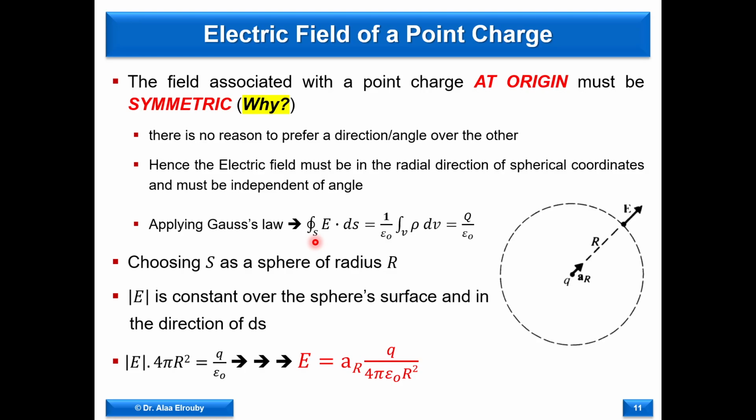The important point here is that Gauss's law is always valid, but it is not always useful. For example, here it's useful if we choose the surface to be a sphere, but it is not useful if we choose the surface to be a cube. In both cases, it is right. So hopefully it is clear what is the meaning. It is always correct, it's always valid, but it is not always useful.